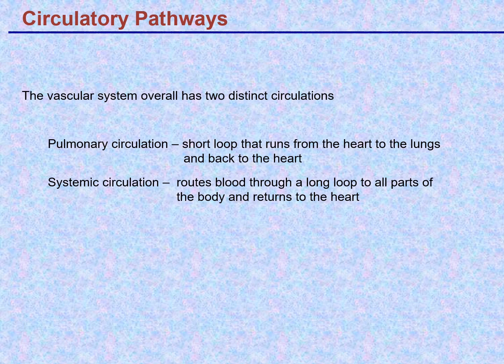The vascular system, of course, has two distinct circulations. We've done this before. The pulmonary circulation is a shorter loop from the heart to lungs and back, with a lower blood pressure than the systemic circulation. The systemic circulation is a larger route that perfuses all parts of the body, returning to the heart.